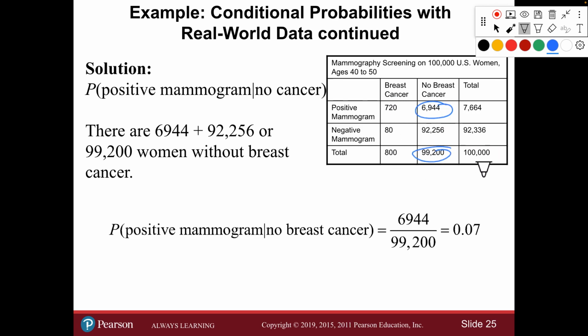But again, if you leave them all there, I like to say this is our sample space. Ignore everything else. And then these become relatively easy. You pull them out. If you leave the whole table there, it's too tempting to maybe choose this one and this one. Okay, that's positive mammograms out of the total. But with the conditional, we know that this really doesn't exist anymore because this has happened.